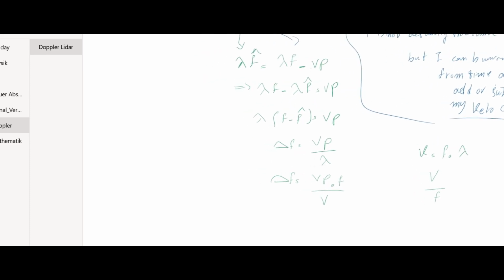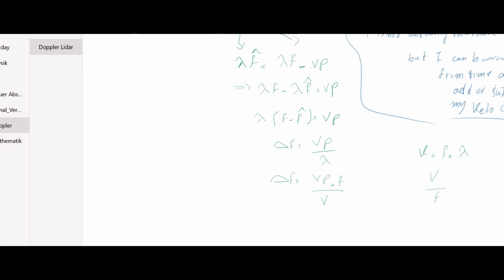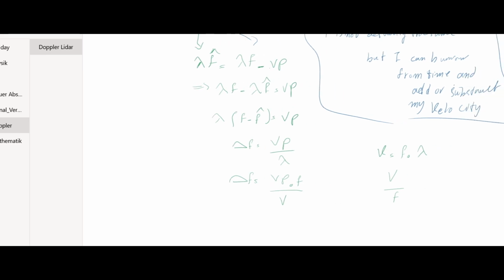Now we just need to consider one thing, and that is, as I'm sending my wave toward the particle and it travels back, it is actually two times of going up and going down. So I would need to consider it as well and write it here, going up and down.